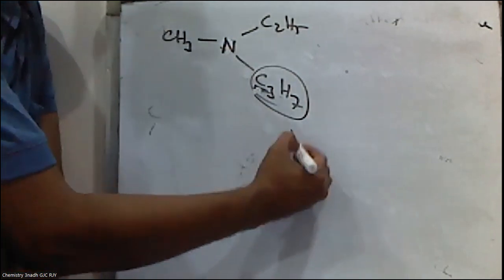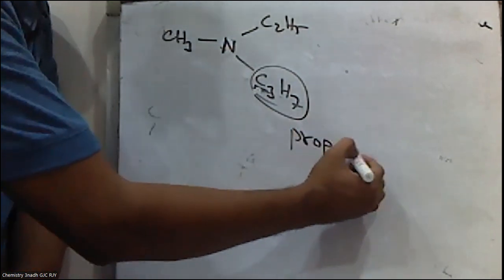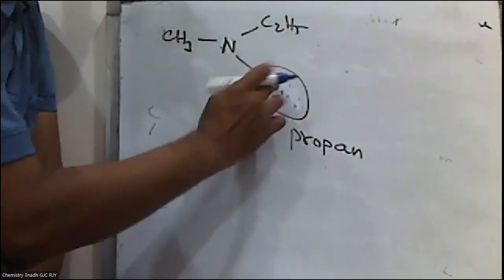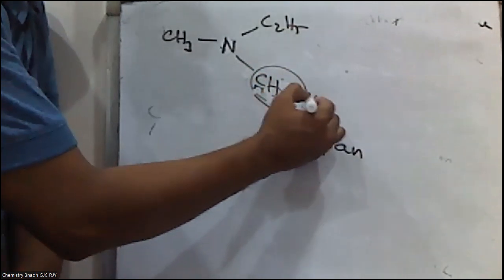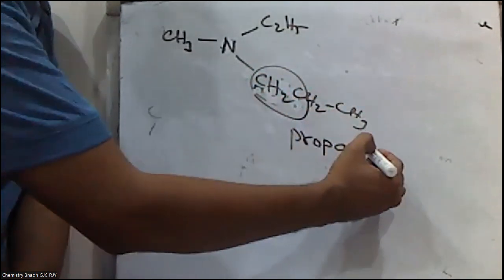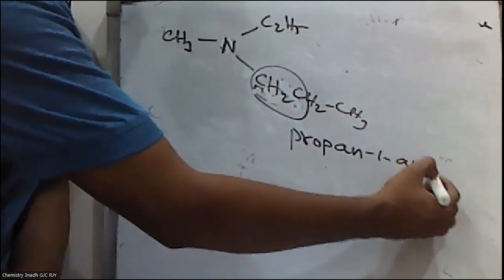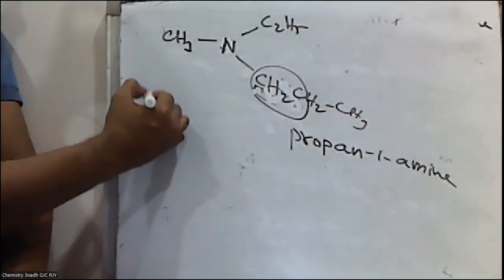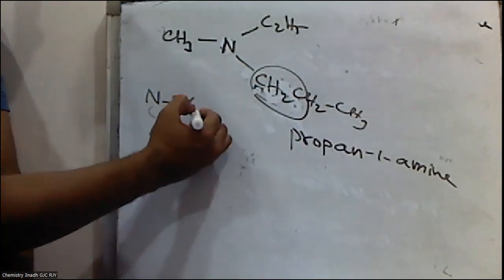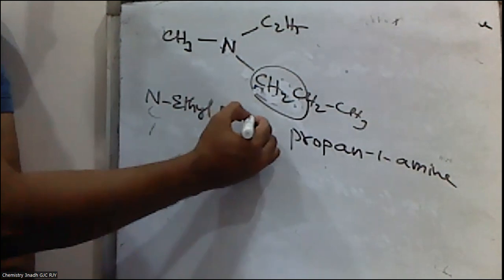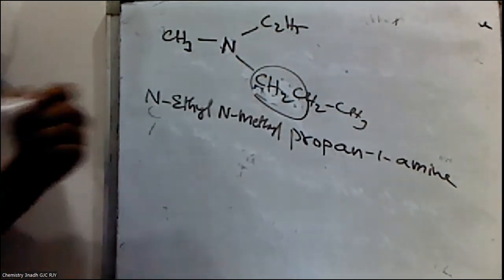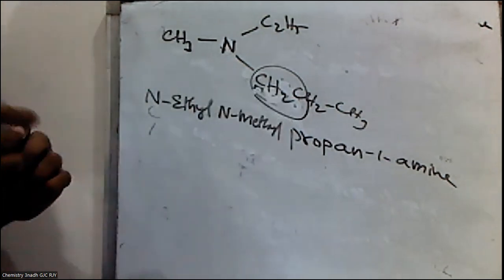That's why it is propane-1-amine, and the remaining 2 alkyl groups should be written in alphabetical order. That is N-ethyl-N-methyl propanamine.